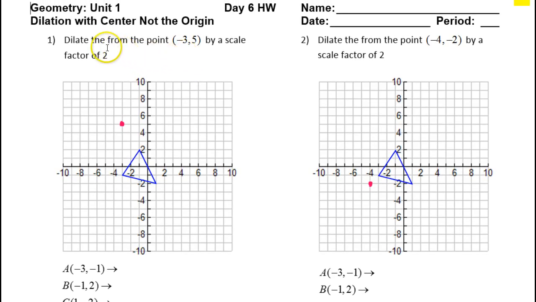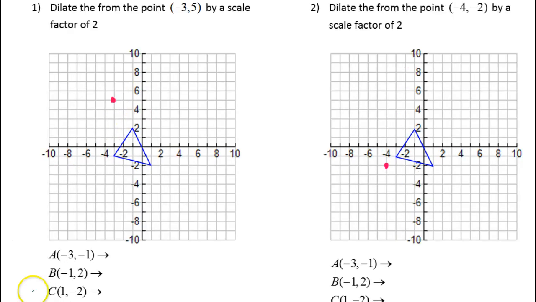Now in this case, the center of dilation is the point -3, 5, and I'm showing that point in red. So here's what you have to do. Let's take it one point at a time. Point A is this point -3, -1. That's this point right here that I just drew in green.